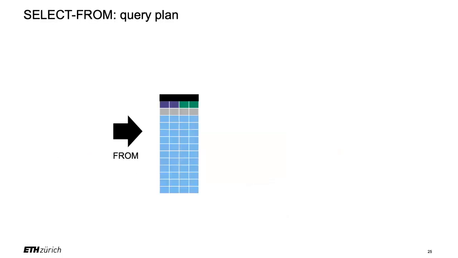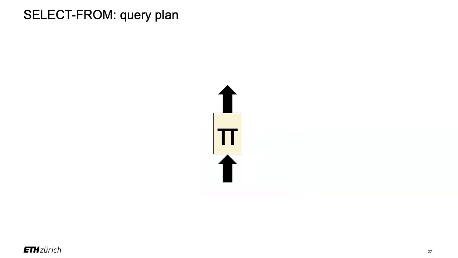Okay, so now the query plan would look like this. The from basically gives you the table, and you apply pi with the select clause and the name of the columns, which projects to specific columns. You can also represent it like this.